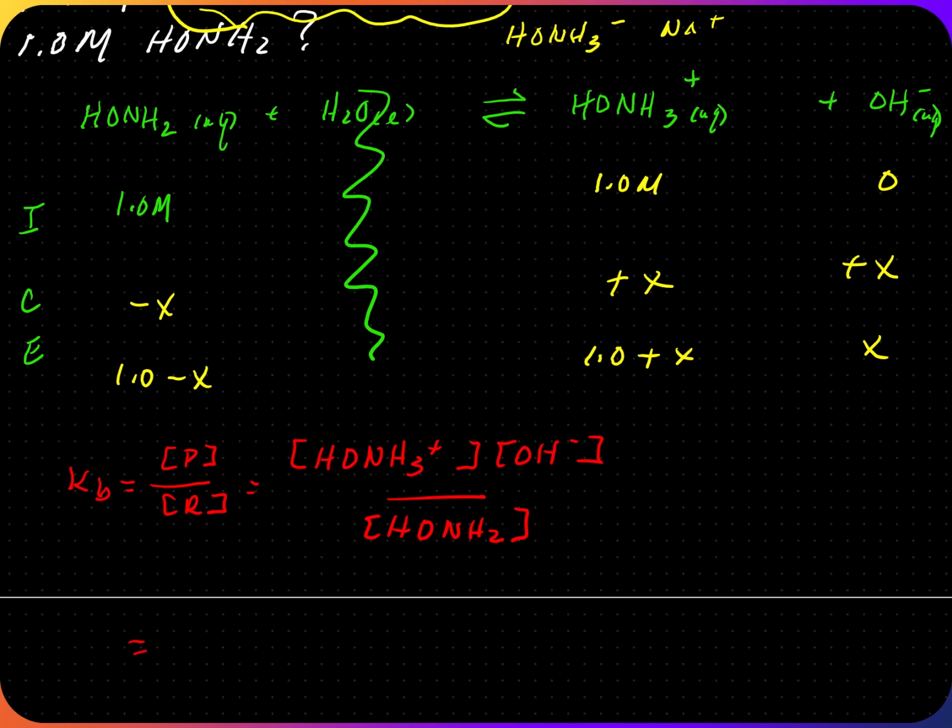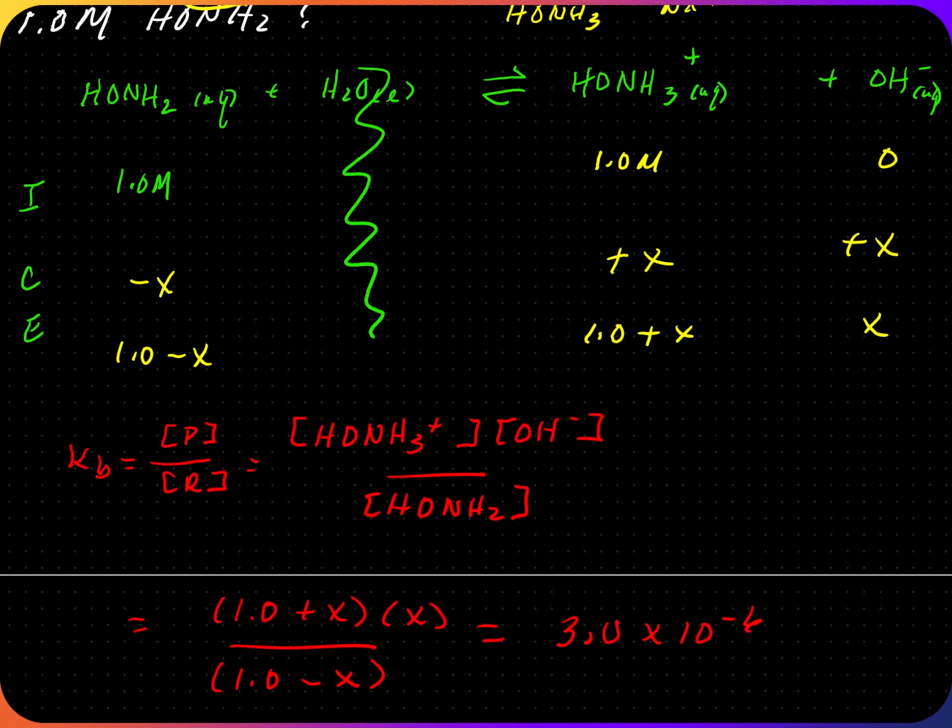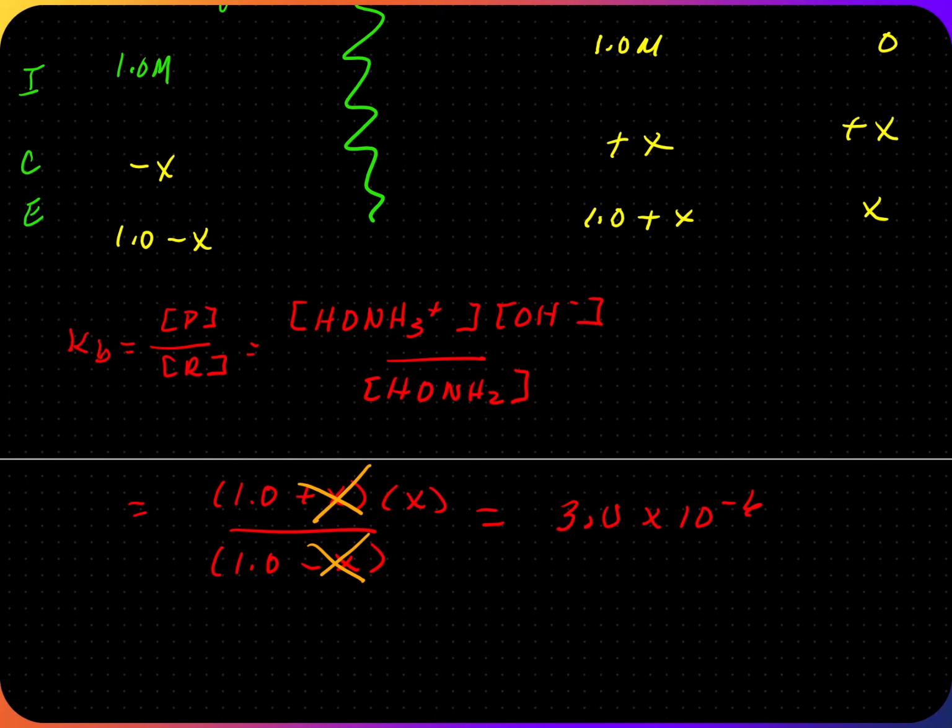So this is going to equal 1.0 plus X times X over 1.0 minus X. This is equal to 3.0 times 10 to the negative 6. So we're going to apply the 5% rule here and then check. So these x's approach 0. 1 divided by 1 is 1 times x. So x becomes 3.0 times 10 to the negative 6 molar.